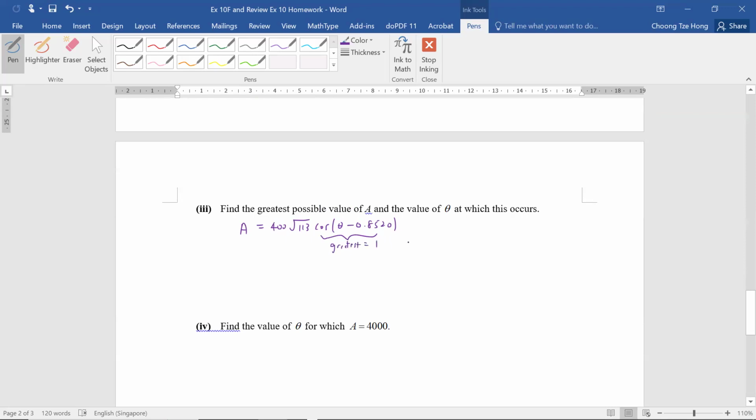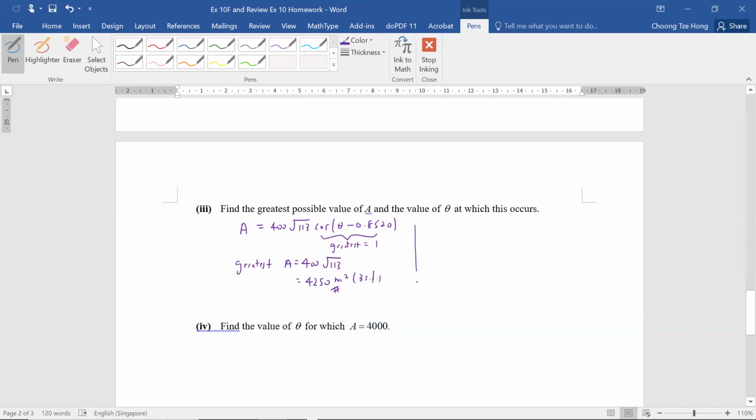The minimum will be -1. Since we want the greatest A, we will let cosine of theta minus 0.852 be 1. So the greatest A is 400 square root 113. You calculate it out and give to 3 significant figures, it will be 4250 meters squared. Okay, so this is the greatest A.